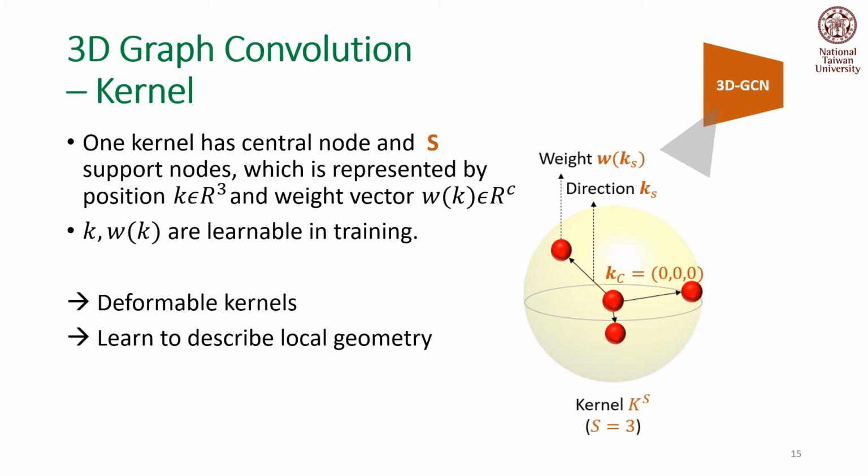Each kernel point, which is colored in red in the figure, is represented by a position k, which is a three-dimensional vector, and the weight vector w of k, which is a c-dimensional vector. Note that k and w of k are learnable in training, which means our kernels are deformable, and they will change their shapes to describe different local geometry in the receptive fields.